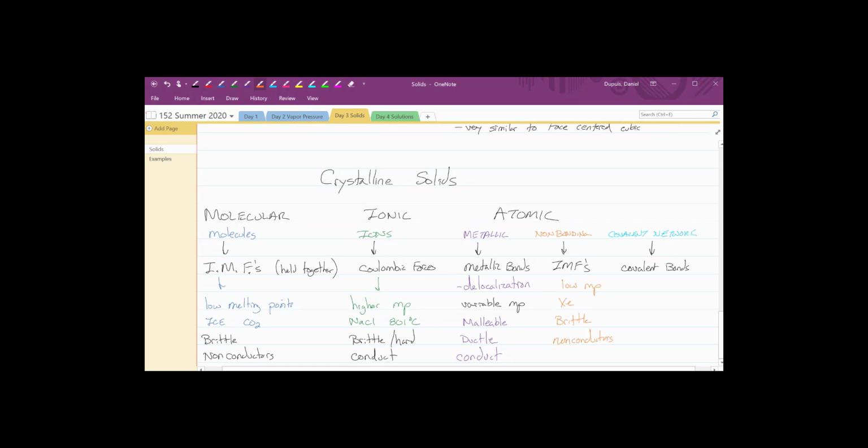All right. These covalent networks usually have very high melting points. Think about diamond, quartz. All right. And they're hard. They're very hard, and they're semiconductors.